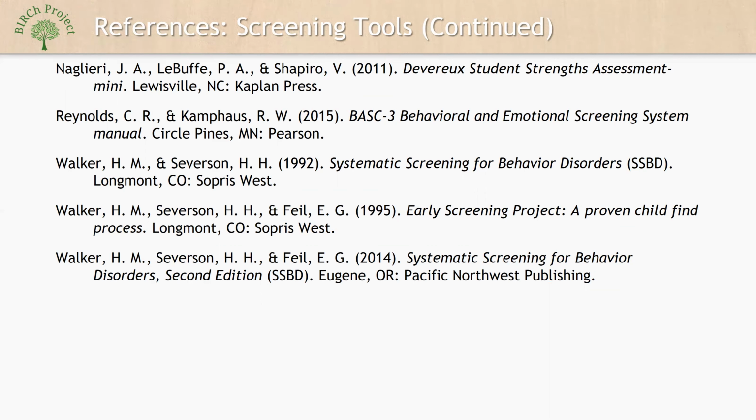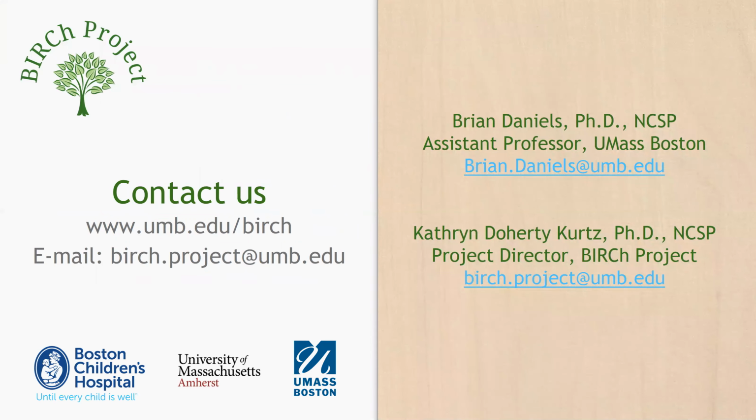So these resources are available to you. I encourage you to examine them in more detail. But as I said, there is no ideal screening tool. There's no one-size-fits-all approach. It requires consideration of what's appropriate for your context and what's usable, feasible, acceptable, and leads to intervention within your particular context.